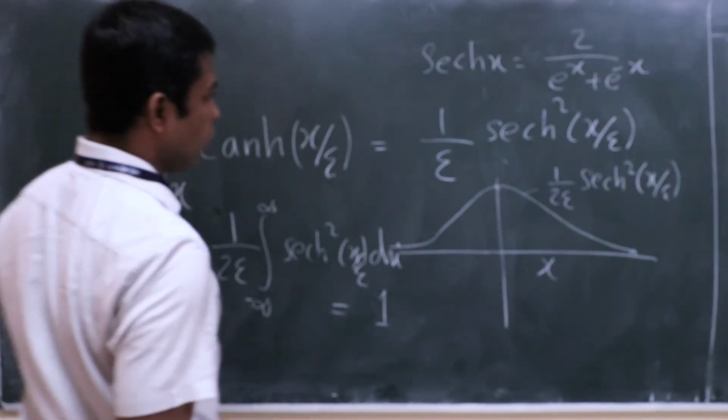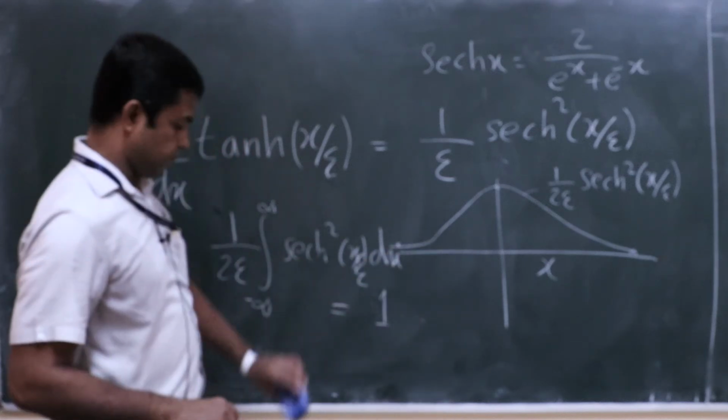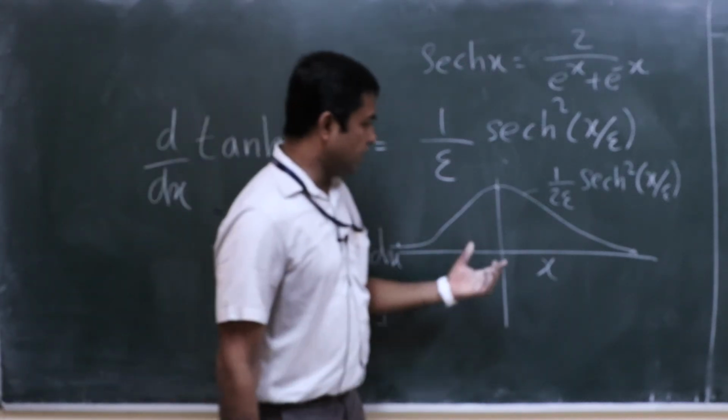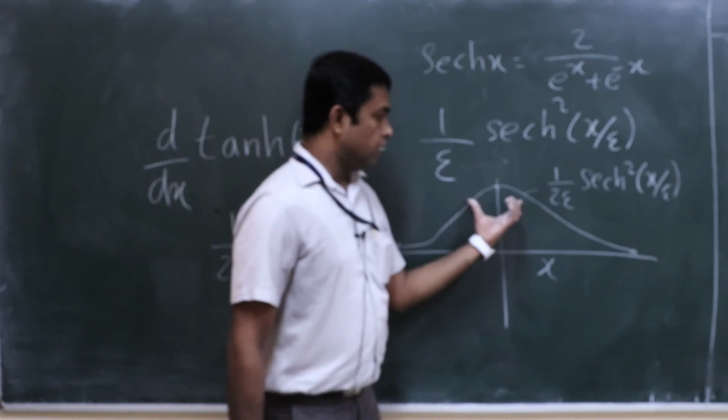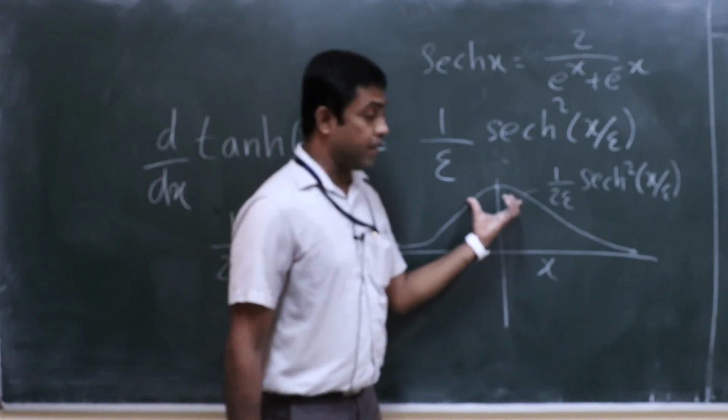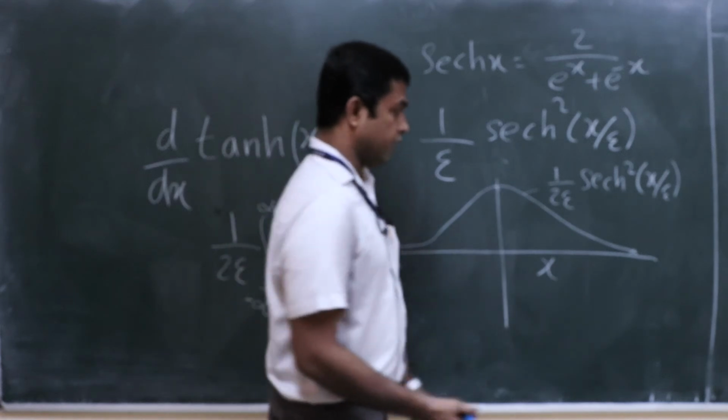You can find out the full width at half maximum of this function. So that will be actually proportional to 1 by epsilon.